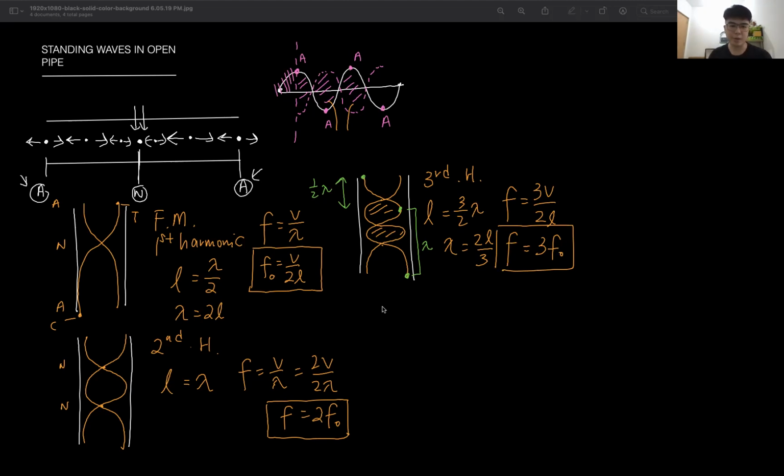And the last one, you can already go by yourself. We have 4 nodes at the center, 1, 2, 3, 4.